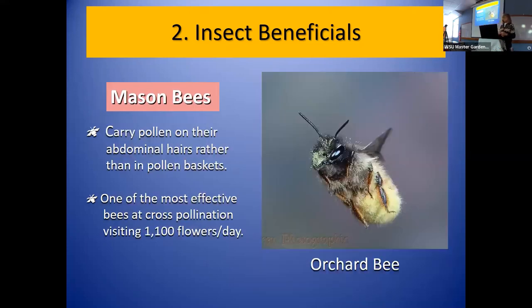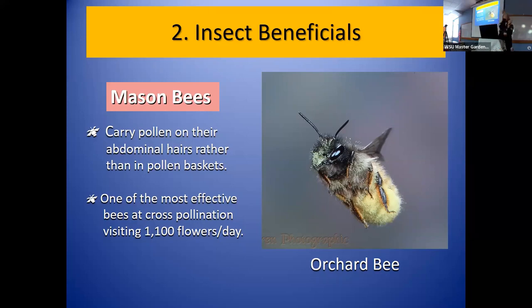Now, one of the reasons that they are such a good pollinator is the fact that they carry pollen on their abdominal hairs. See all of this area right here? That's where they will carry the pollen. Now think about a mason bee that's buzzing around and it's moving through an orchard and it sees a flower and it lands right on it. Well, some of the pollen from that flower now will get attached to those abdominal hairs.